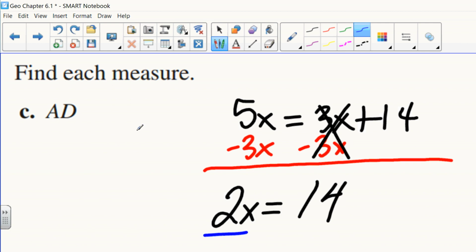Then exactly, we would divide both sides by 2 to get that x is equal to 7. And that's it, yes? What's the question asking for?